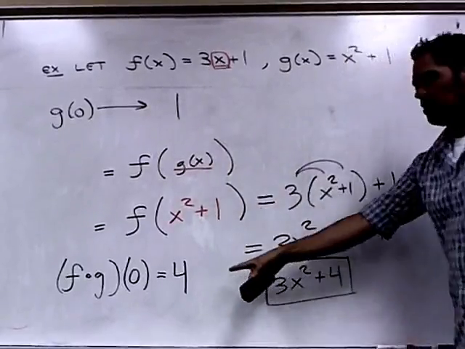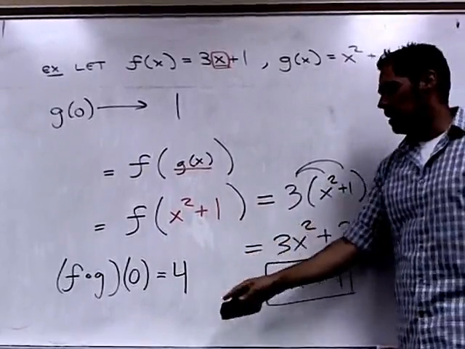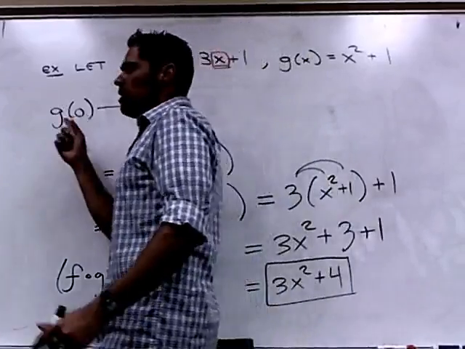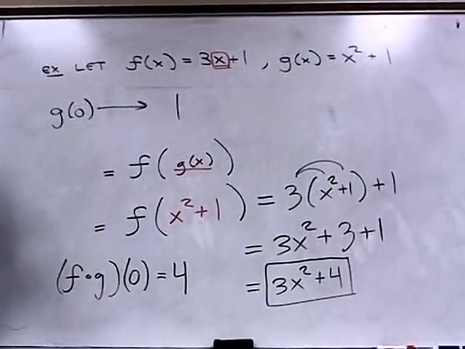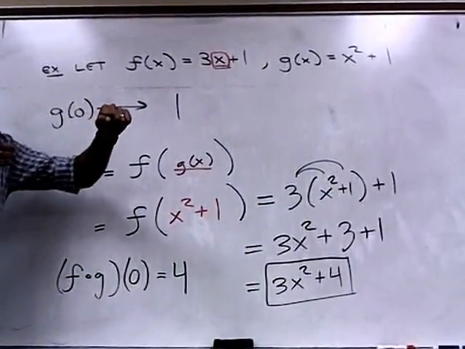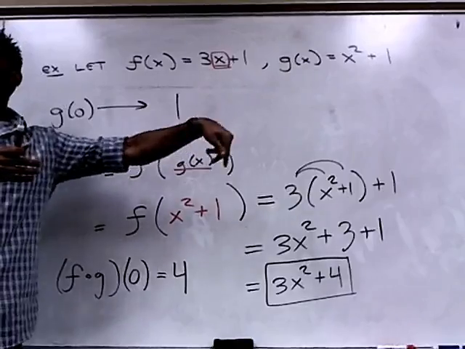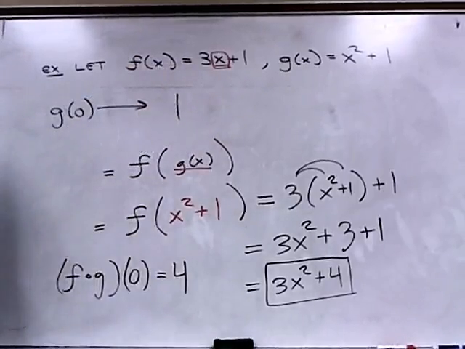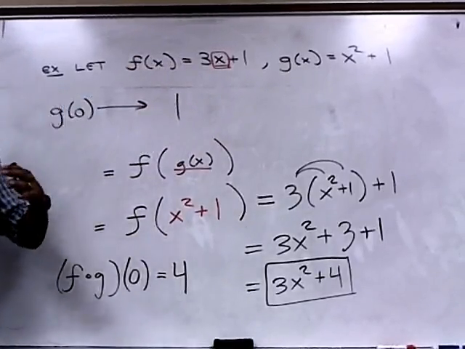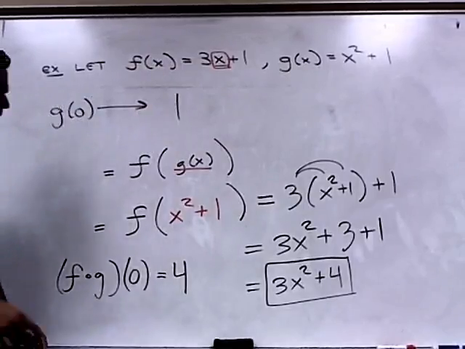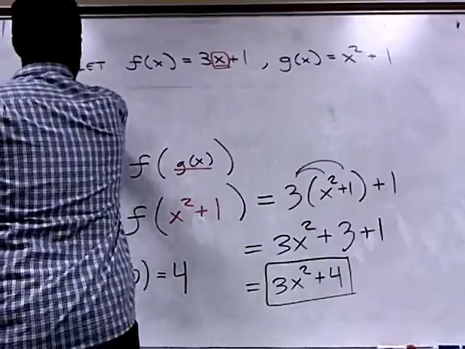You get 4. You see? The value we plug in initially, 0, went through the guys' function first. That answer came out and went through the girls' function, and then came out as an end result. So composition is like a chain of events. If you want, you could look at it this way.